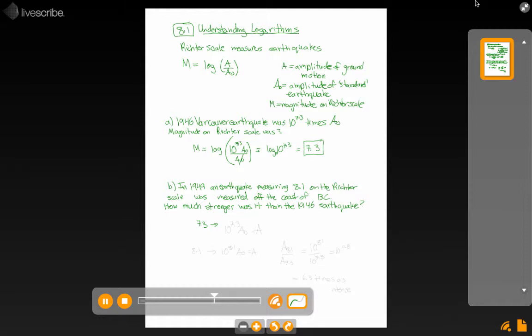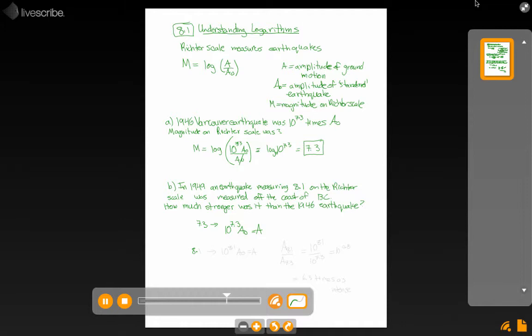How much stronger was it than the 1946 earthquake? Well, if you've already done the previous question, you'll know that the 7.3 on the Richter scale meant that it was 10 to the 7.3 times as big as A0. That's the amplitude. Even if you hadn't done the previous question, you could plug the numbers into the formula above and get to this point.